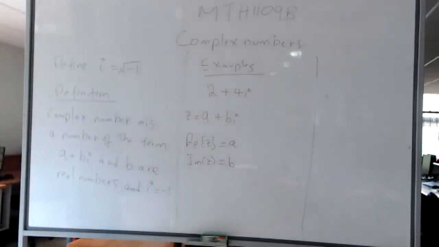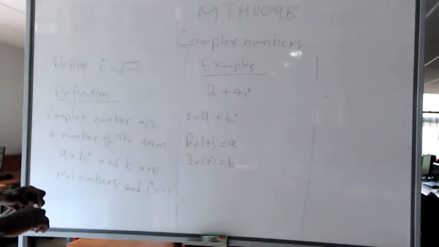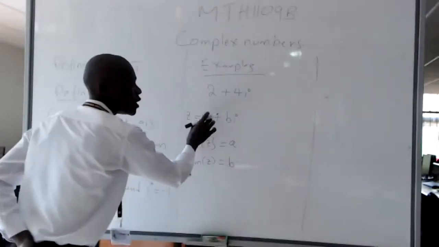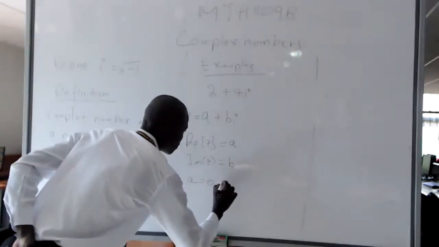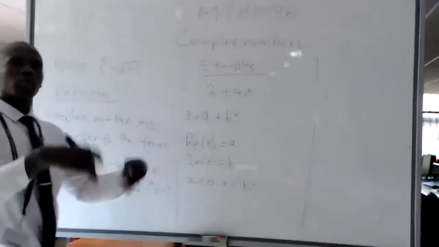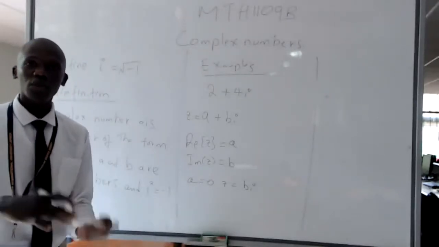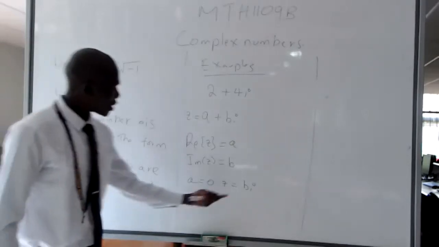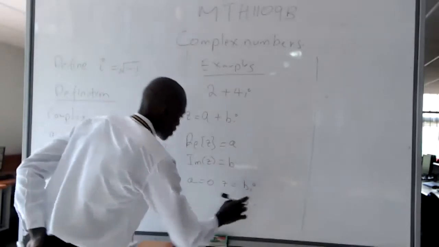Now, there are many ways you can have complex numbers. You could have some complex numbers for which a is 0. When a is 0, you will have the number z is bi, because it's 0 plus bi, and we know 0 is an additive identity, so any number you add to 0, you do not change that number. Such a number is called pure imaginary.